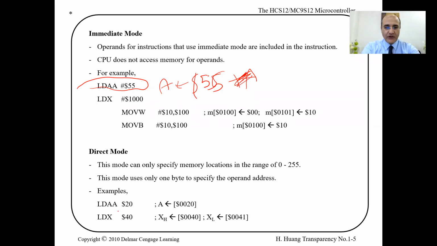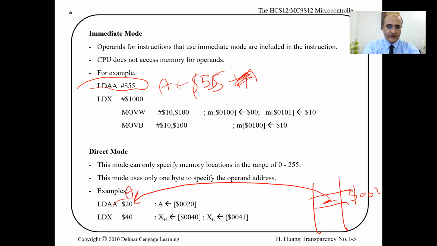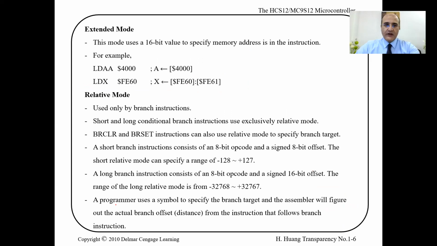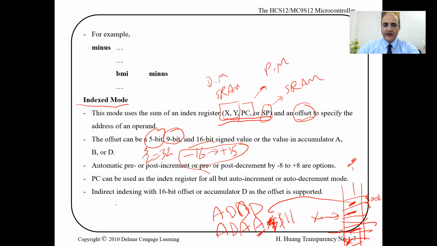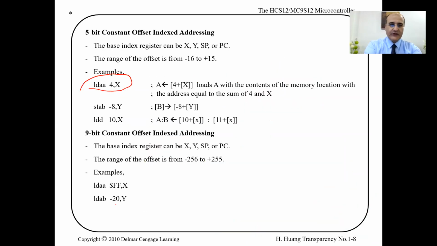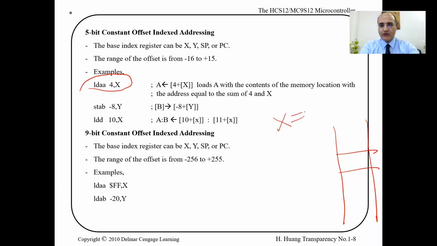Here, it's going to load the number in memory location, address 0020, get this number and put it in A. Here is different. It's going to go to the memory location. Let's assume that X is equal to 2000.